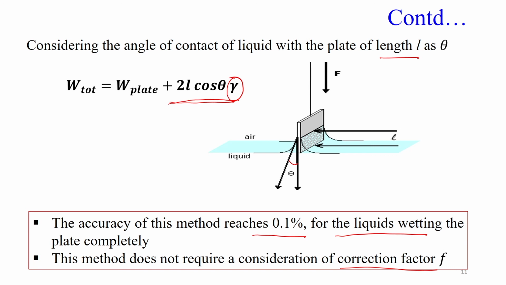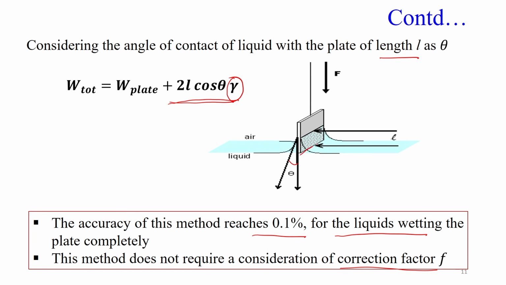The requirement for the material of the ring or plate is that it should be inert, it should not chemically interact with the liquid, and it should be as lightweight as possible.